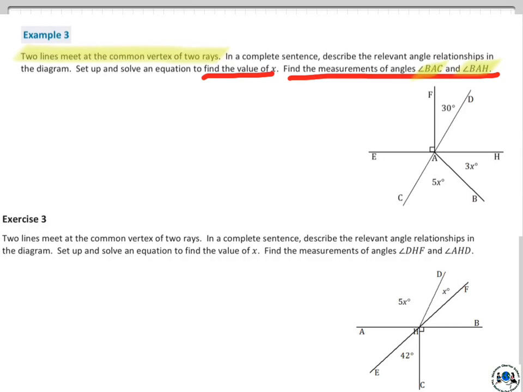So we're going to find those two angle measurements and then find the value of x as well. So go ahead. I'm sure there are many different ways to do this. I have one particular way I'm going to use. You use whatever way suits you. Come on back when you're done.